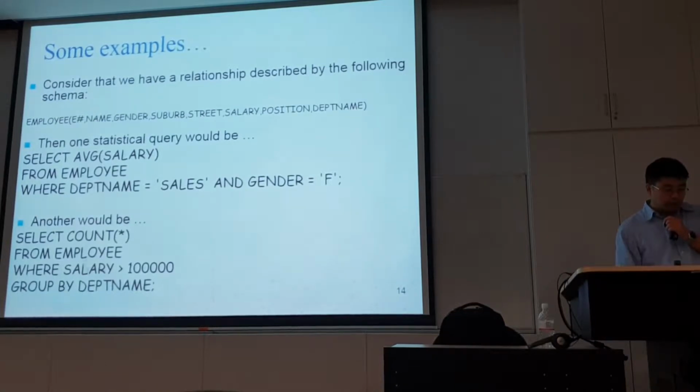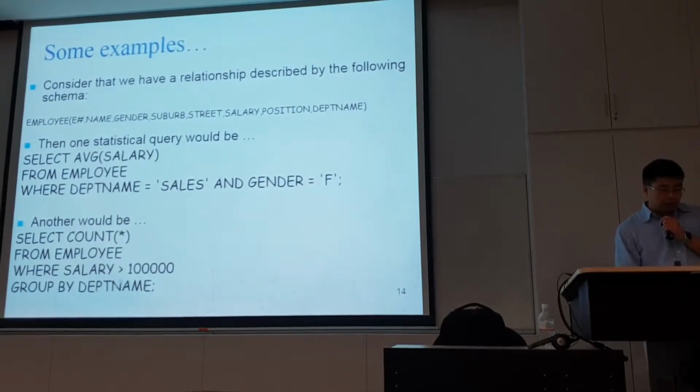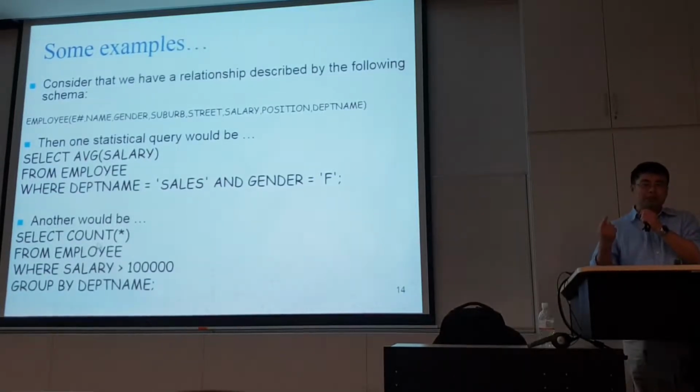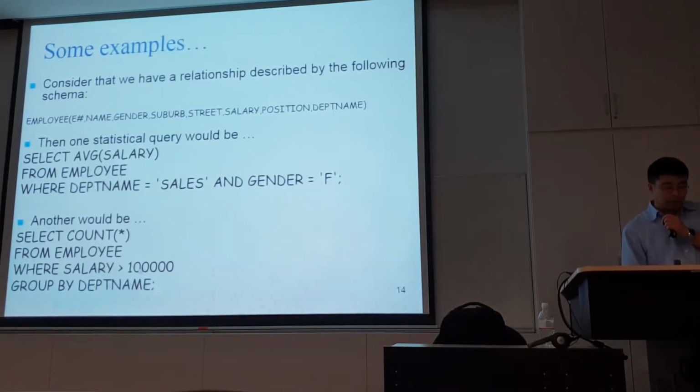This is another example. You count how many employees have a salary larger than 100,000, right? So this will tell you how many. Again, if it only returns 1, and you know who received the highest salary, maybe the CEO, then you know basically the range.